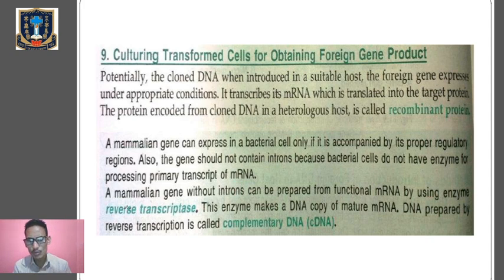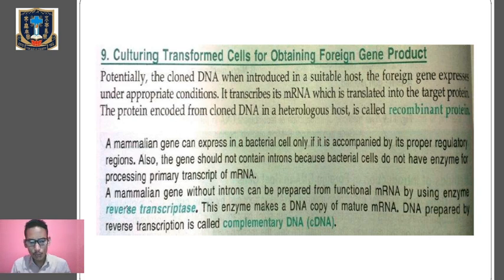Okay, so the cloned DNA, whenever it is introduced into the host cells, will be expressed. Okay, that DNA will lead to the formation of mRNA, and mRNA will lead to the formation of protein. Clear? So that means from recombinant DNA there is formation of messenger RNA, and from messenger RNA there is formation of proteins.